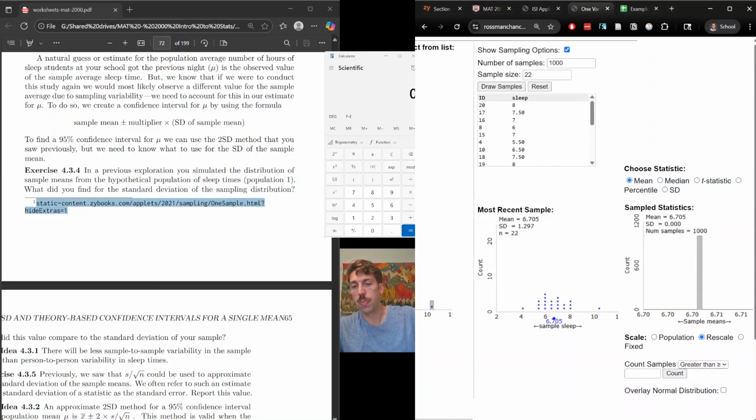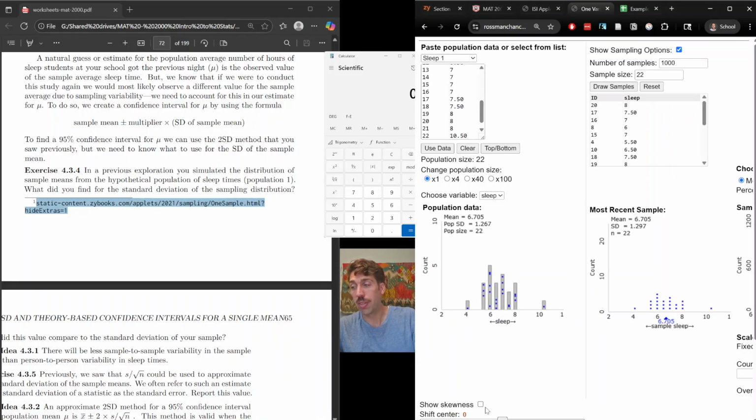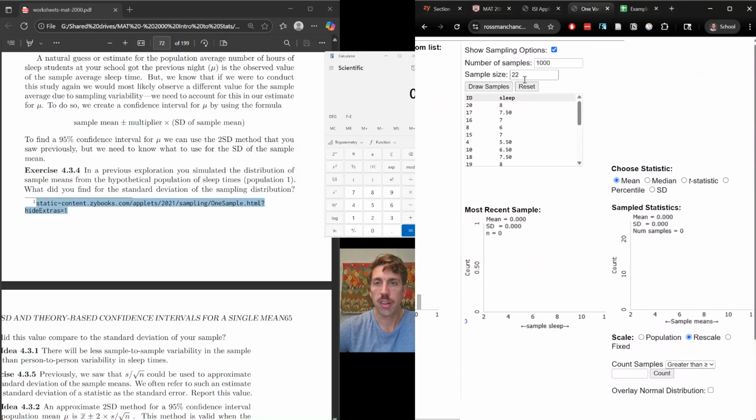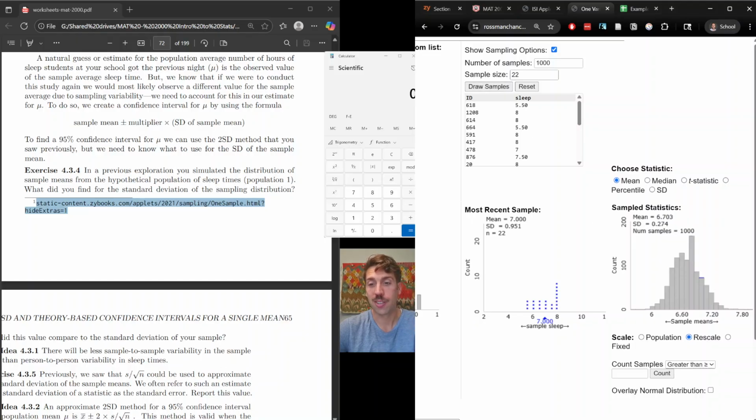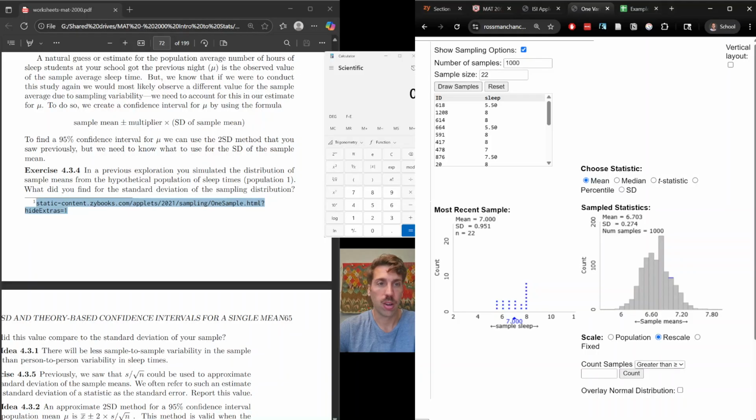There's only one way to pick 22 things from 22 things. So that's why they have this option right here. So if I do this, and then I come over here and reset, and then draw samples, then I get an actual distribution. And so what did you find for the standard deviation of the sampling distribution? In this case, my standard deviation is this, but your data will be different.